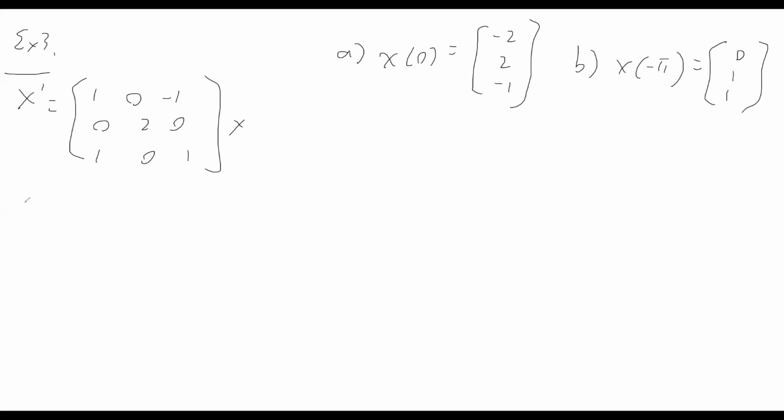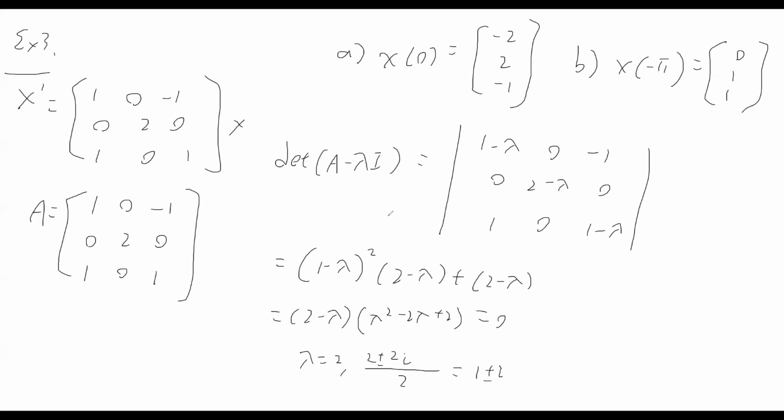All right, so let's start by identifying the matrix, and then find its eigenvalue. So find the determinant, and then we get the characteristic equation.